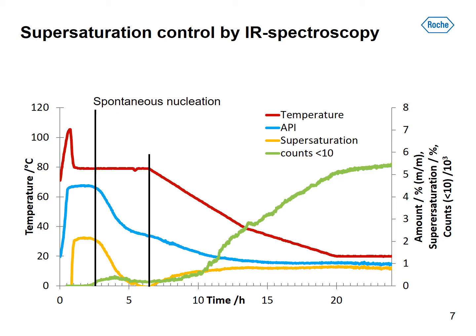After this time point we started cooling down the suspension, whereupon the supersaturation slightly increased. So we were able to measure the API concentration with the PLS model, to calculate the supersaturation, and also to monitor whether fines are growing or whether we have new fines from secondary nucleation.